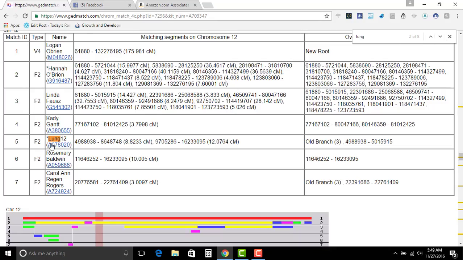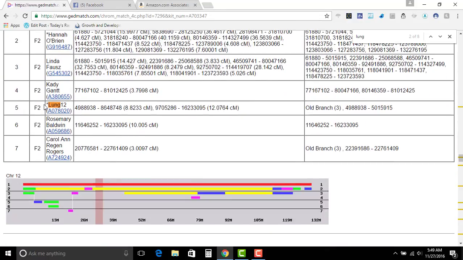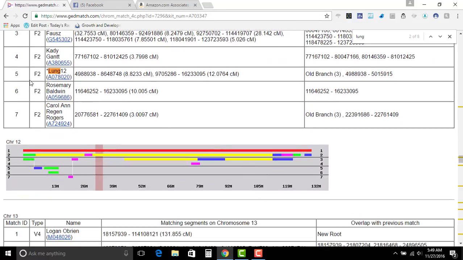Just like if we go on down, this is chromosome 12, and Long is number 5. Number 5 is right here, this blue piece and this green piece. So we know number 6, this Baldwin woman, matches with my aunt, my cousin, and the Long cousin. All three of them match.